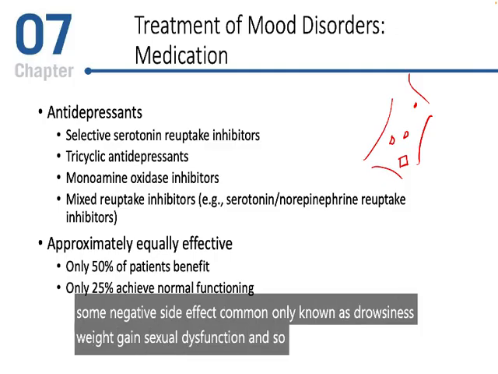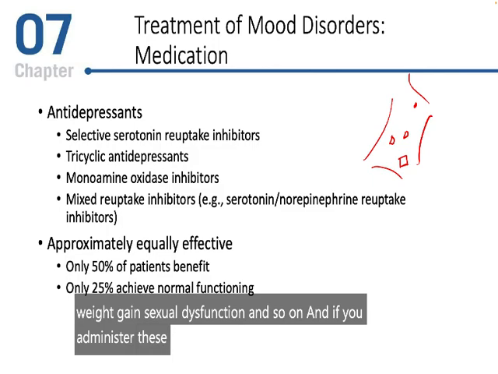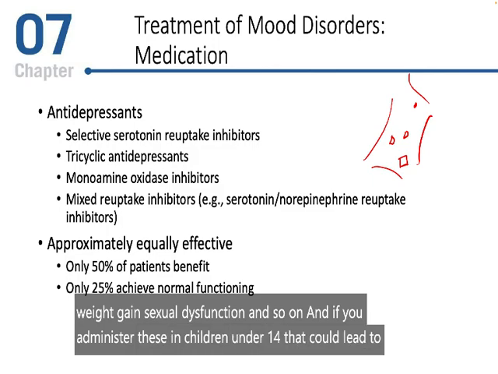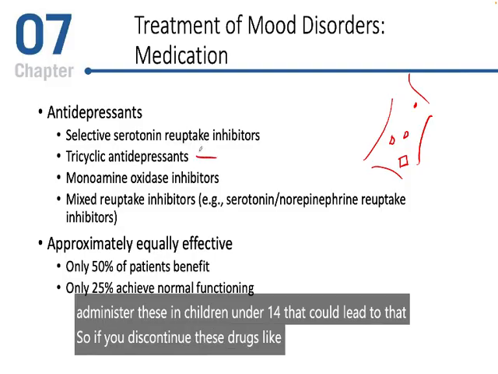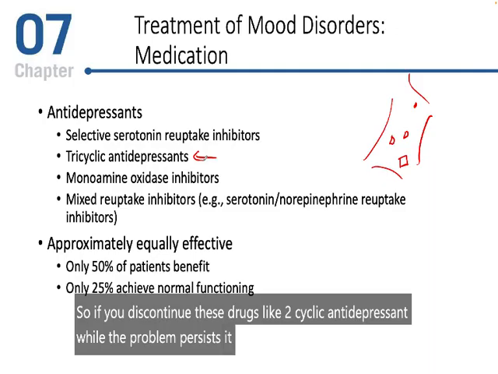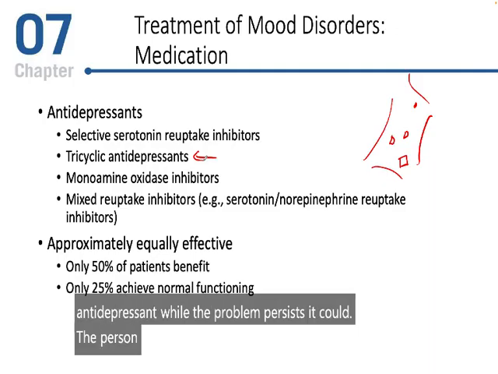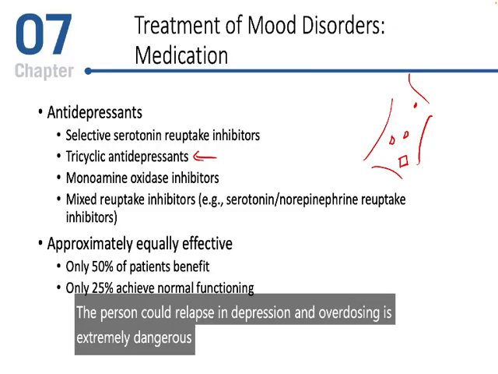And if you administer these to children under 14, that could lead to death. So if you discontinue these drugs like tricyclic antidepressants, well, the problem persists. The person could relapse into depression, and overdosing is extremely dangerous. It could be lethal as well.